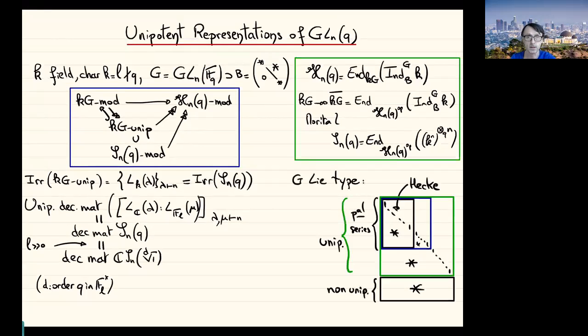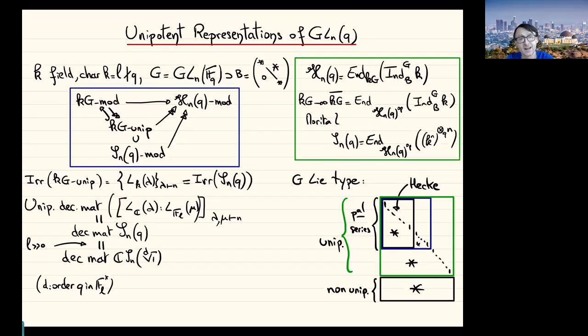So let me give a diagram which is simpler for GL_n, but I want to give a diagram of the decomposition matrix for a general finite group of Lie type. For a general finite group of Lie type, there are more unipotent representations.